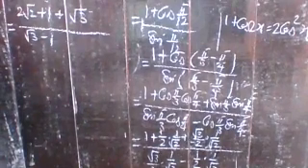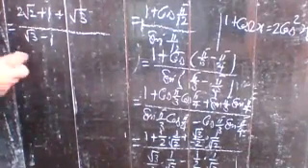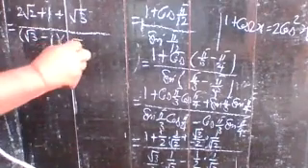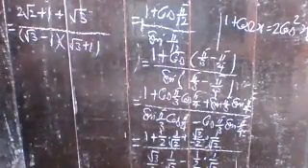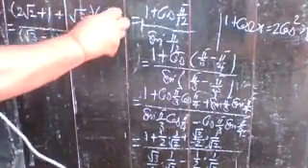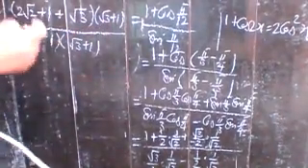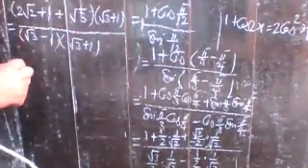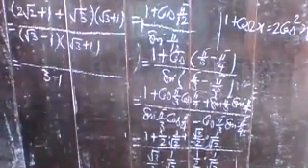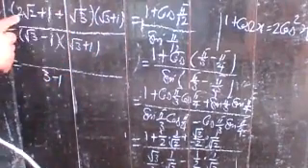Now rationalizing it, you multiply the numerator and denominator by root 3 plus 1. Let's check. In the denominator you have 3 minus 1, and in the numerator root 3 is multiplied to each term.